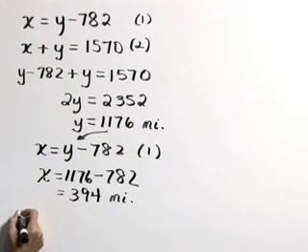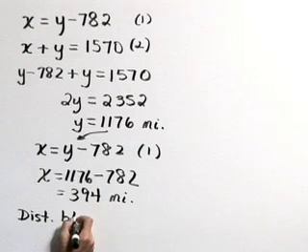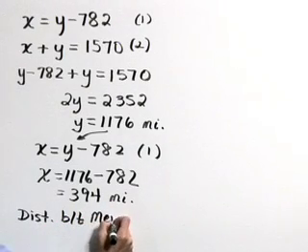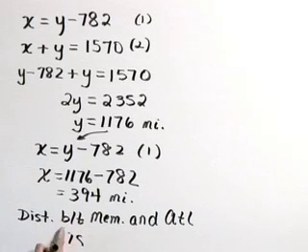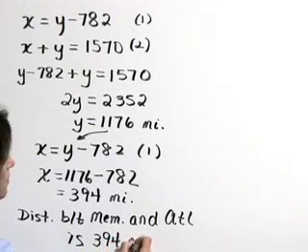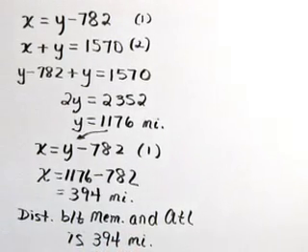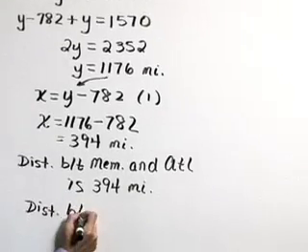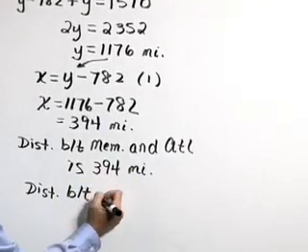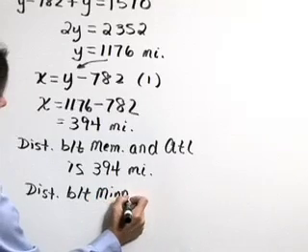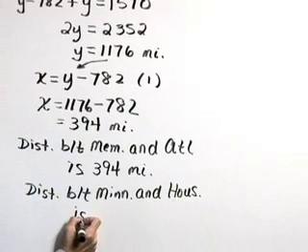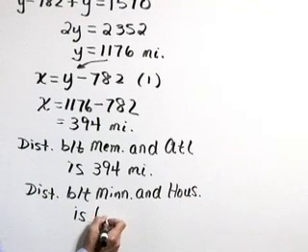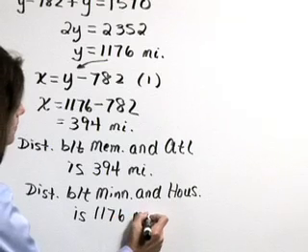We can say that the distance between Memphis and Atlanta, that distance represented by x, is 394 miles, and the distance between Minneapolis and Houston is represented by y, which is 1,176 miles.